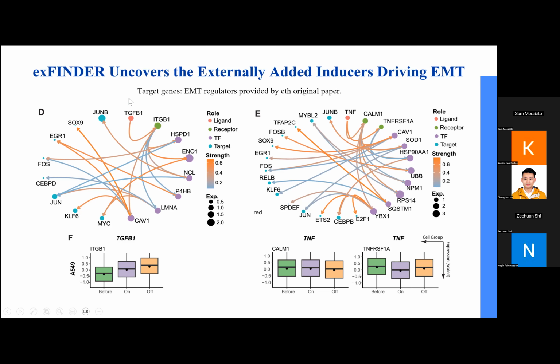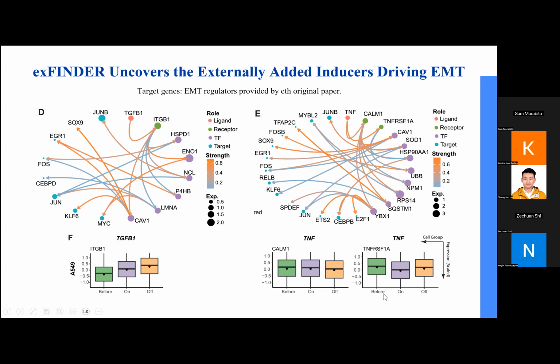So exFINDER can identify these 2 external signals and then infer their corresponding signaling networks. For example, for this one, we show that ITGB1 is the receptor, and if we check the expression level, we see that after adding the inducer, the expression level for this receptor goes up.